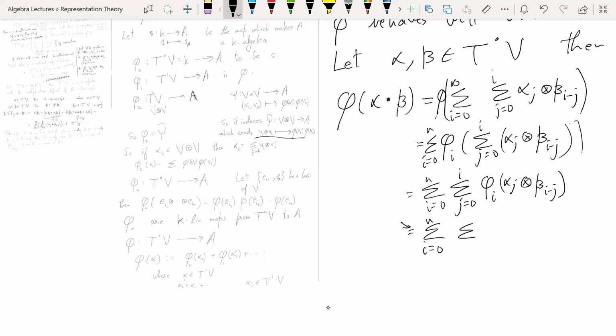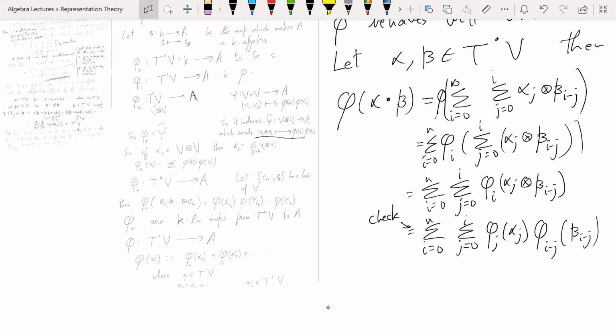I'll ask you to check yourself, using maybe basis vectors, that this is the same as phi j of alpha j times phi I minus j of beta I minus j.